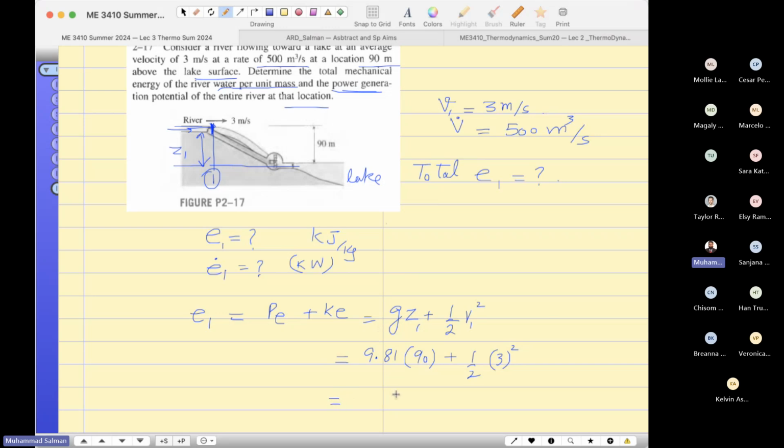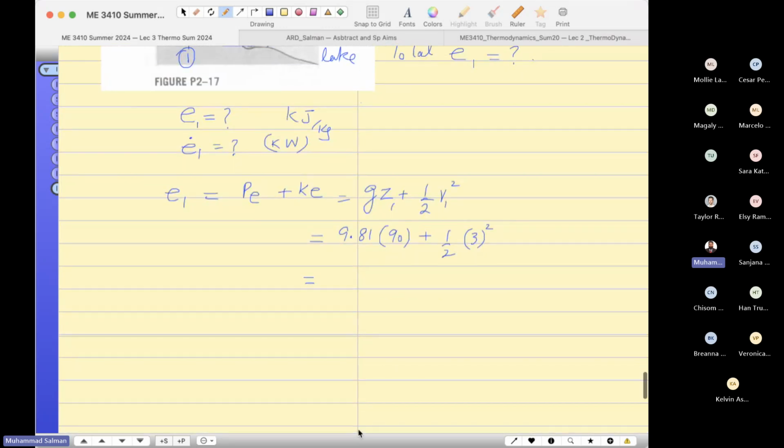Okay, guys, if you do the math, do you get 887? If you get 887 joules per kilogram, then this is what I have. Please, can you confirm in your calculators and help your professor whether you get the same number?